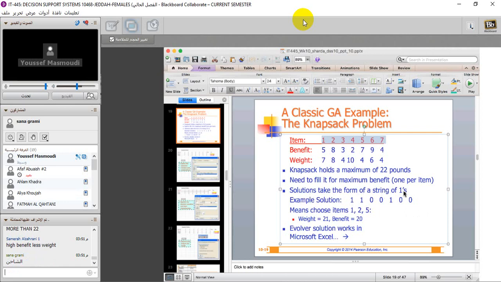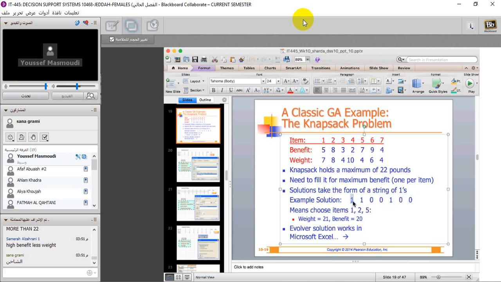The solution takes the form of a string of ones and zeros. Let's see this example: 1 1 0 0 1 0 0. What is the meaning of these ones and zeros? We have 7 items.